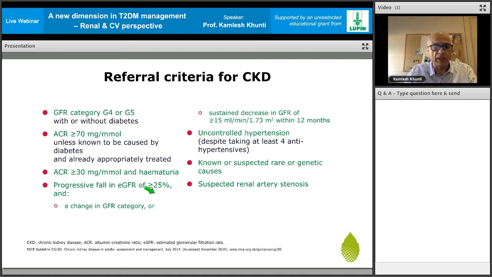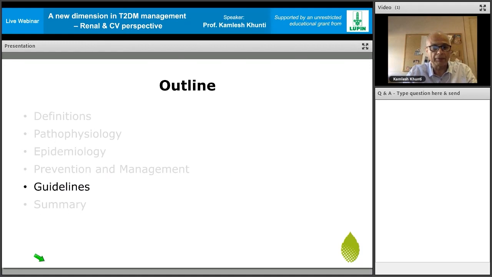A progressive fall in eGFR of greater than 25% and change in eGFR category, or a sustained decrease in eGFR of greater than 15. Uncontrolled hypertension if they're on 4 therapies, known or suspected rare or genetic causes, and suspected renal artery stenosis, which I've seen once when I was doing my training. I haven't seen that in primary care yet.